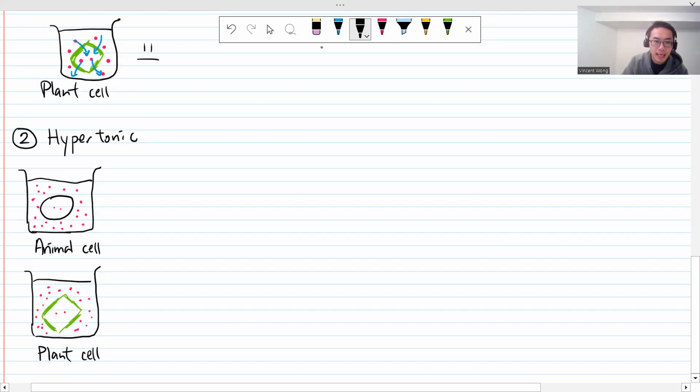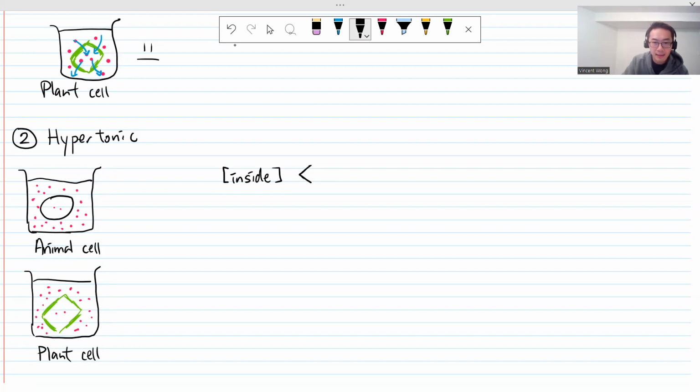So in this case, the concentration on the inside of the cell is less than the concentration outside.